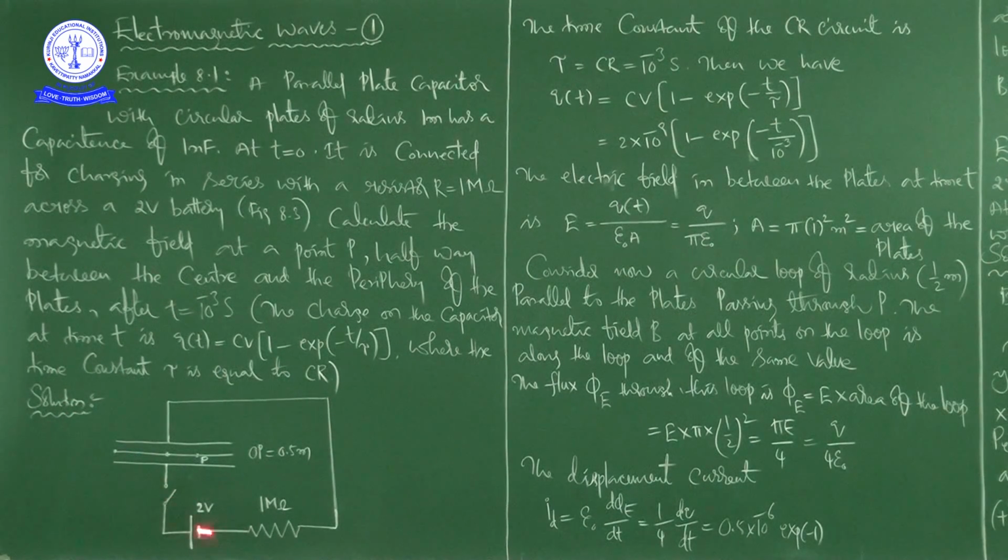This is figure 8.3, the figure. This is the 2 volt battery and a resistor of resistance 1 mega ohm, that is 10 to the power 6. It is like a plug key, the battery, the resistor, and here we have plates.